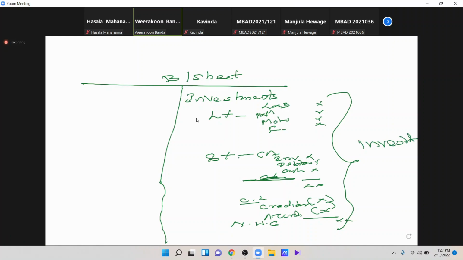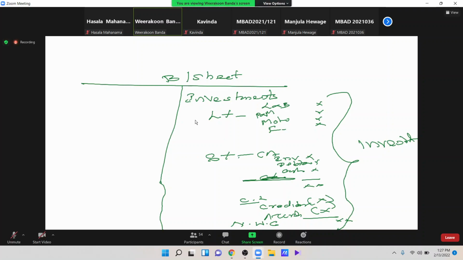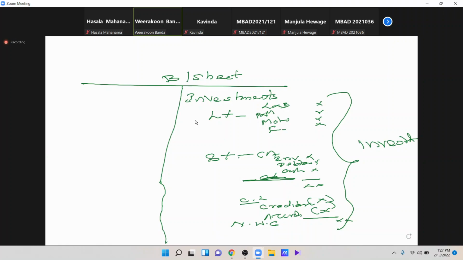If you want to start a new business, you start with this side, asset or investment. Say, for example, you are going to start a retail business. For the requirements of your retail business, you decide what the different kinds of long-term assets are.